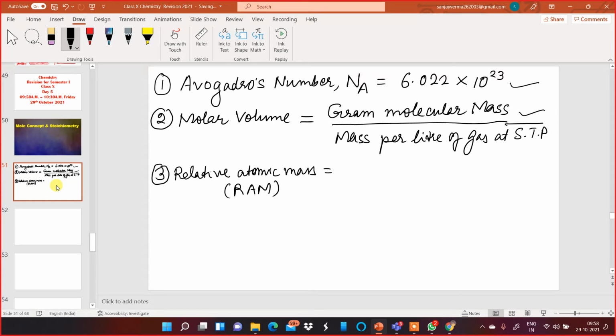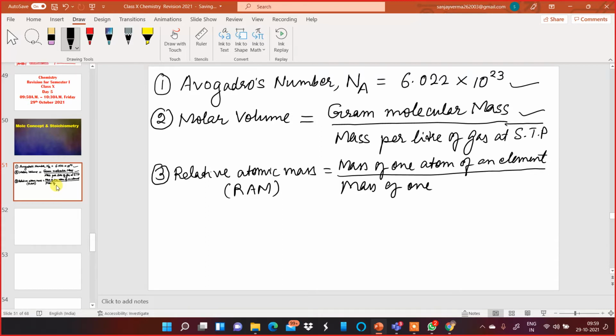It is equal to the mass of one atom of an element divided by the mass of one atom of carbon 12. You can put carbon 12 also, you can put hydrogen also.